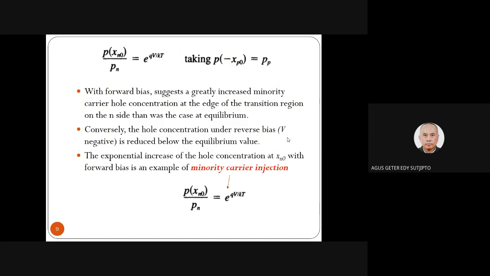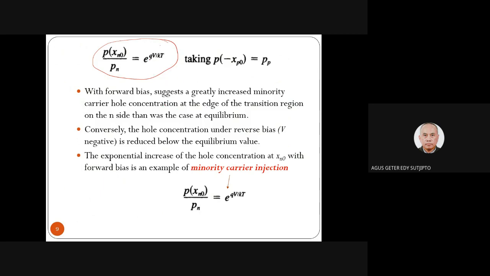So we have this one just now: the concentration of holes after applying the voltage and the concentration of holes before applying the external voltage. With forward bias, this suggests a greatly increased minority carrier hole concentration at the edge of the transition region on the N side than was the case at equilibrium.